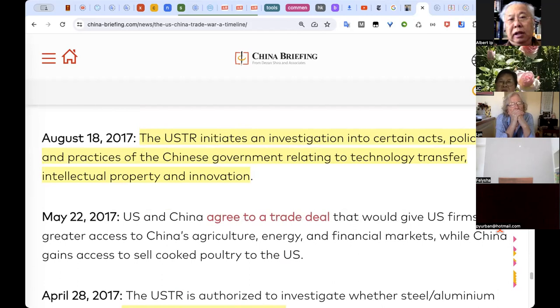In 2017, they started the investigation into China's intellectual property and innovation policies. As I said, for China to industrialize, they need know-how. Where can they get the know-how? Well, sending students out to learn, starting research, or buying technology.